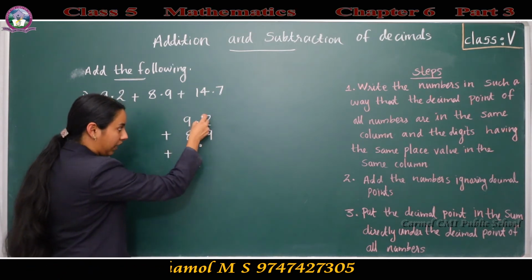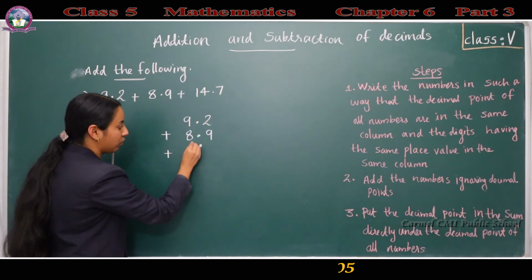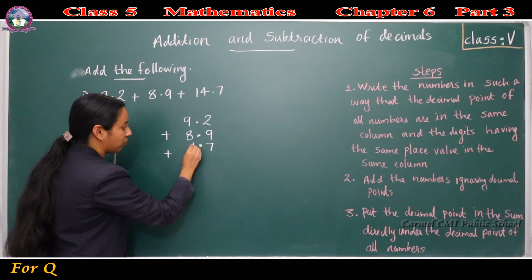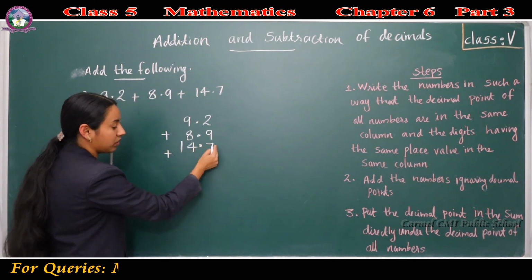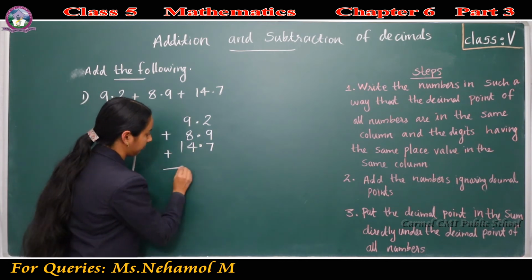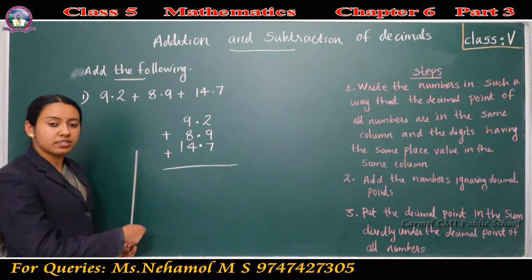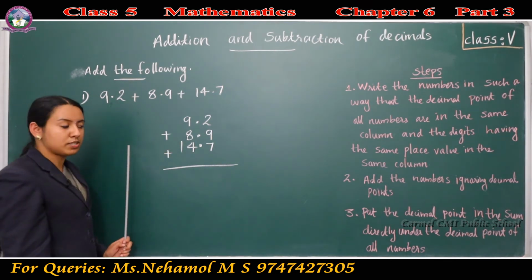We have to place the decimal point in the same column. Then next step, we have to directly add these numbers ignoring the decimal points.